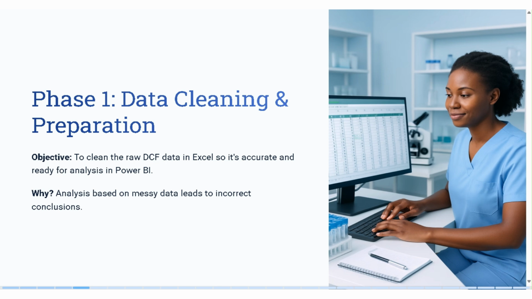There's a common saying in data analysis: garbage in, garbage out. If we analyze messy data, we'll get messy and unreliable results. Our objective here is to standardize entries, calculate some metrics that aren't explicitly in the raw data, and handle any inconsistencies or missing information.